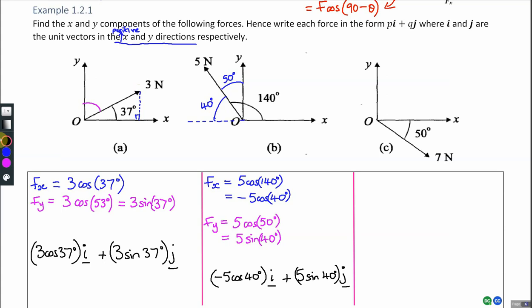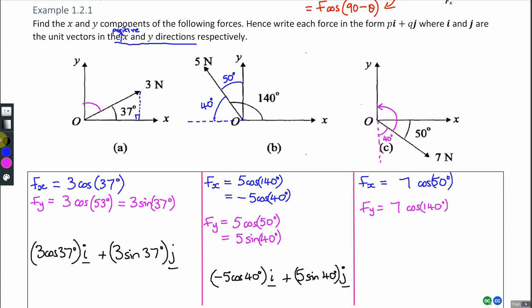Now I've got part C. If you feel you can, pause the video and have a go. So the horizontal component, 7 cos 50 degrees. For the vertical component, we can either turn it through 140 degrees, so it's 7 cos of 140 degrees. That's one correct version.